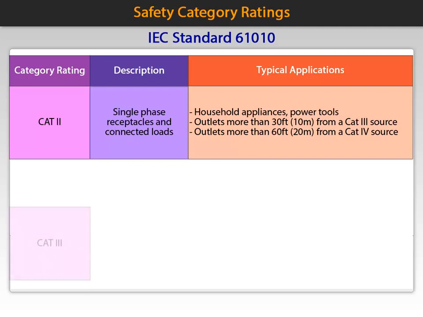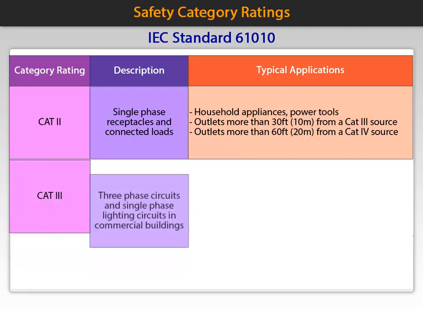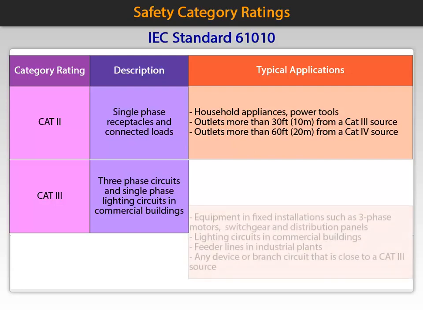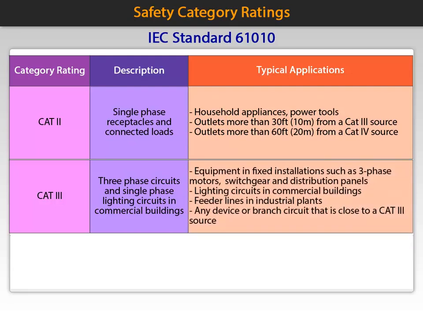Category 3 covers three-phase circuits and single-phase lighting circuits in commercial buildings. Applications are equipment in fixed installations such as three-phase motors, switchgear, and distribution panels, lighting circuits in commercial buildings, feeder lines in industrial plants, and any device or branch circuit that is close to a Cat 3 source.